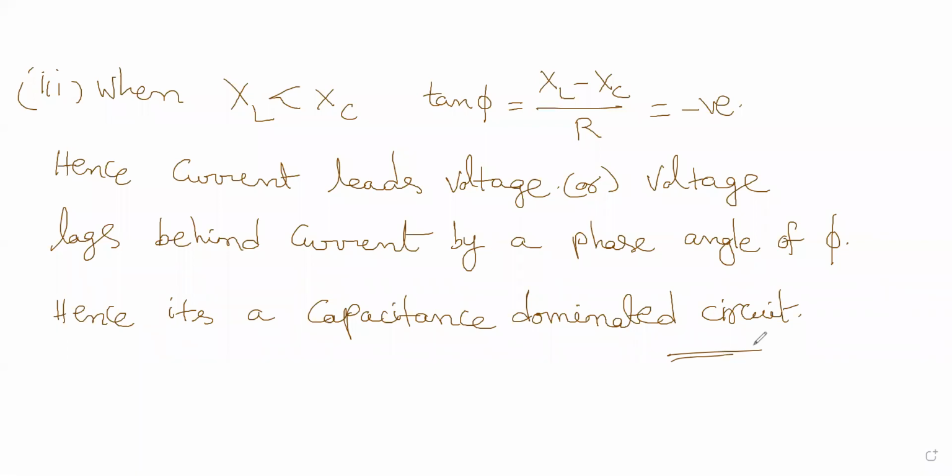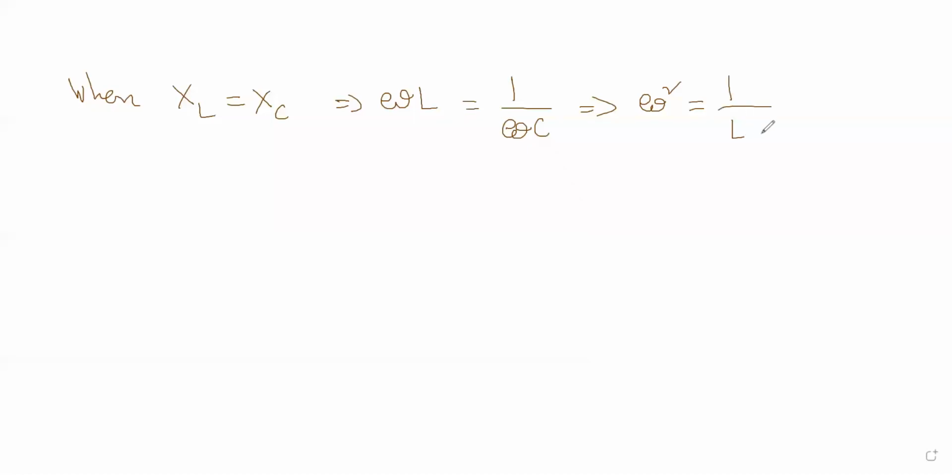Good. Now, here another point. When XL is equal to XC, what is XL? Omega L. That is equal to 1 by omega C, right? So we multiply omega on either side. Omega square is equal to 1 by LC, you will get, right?